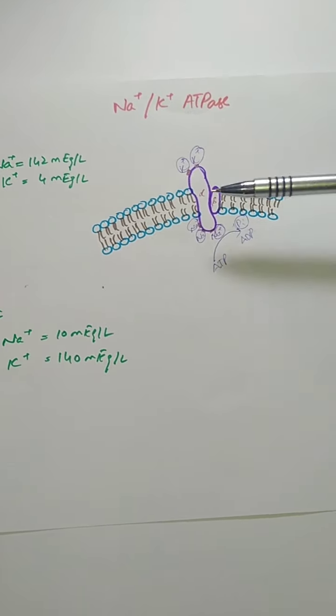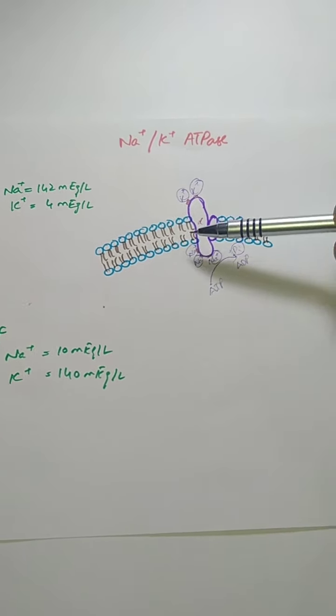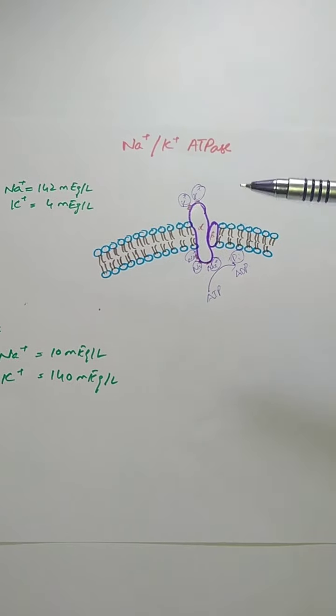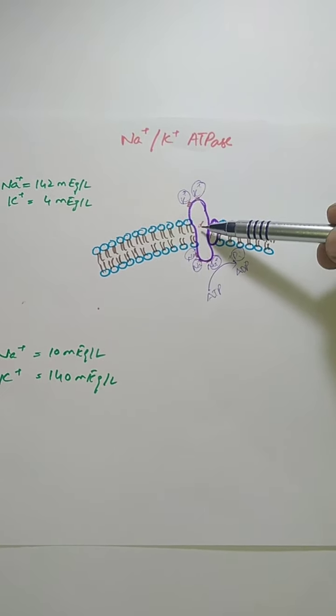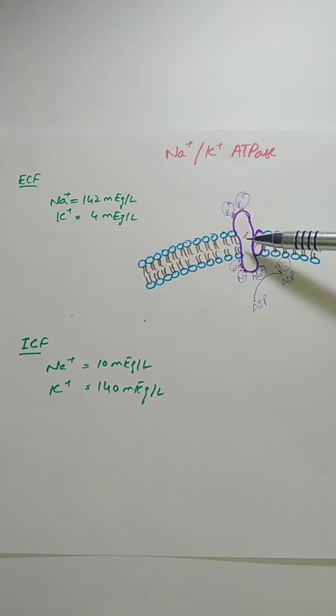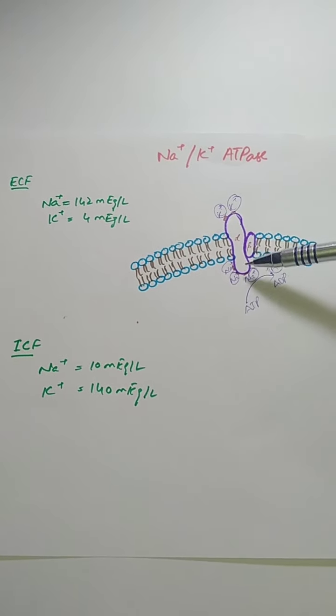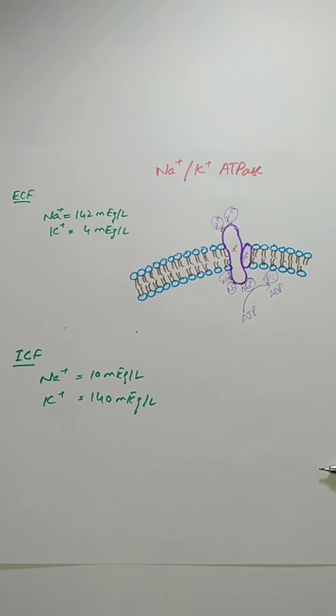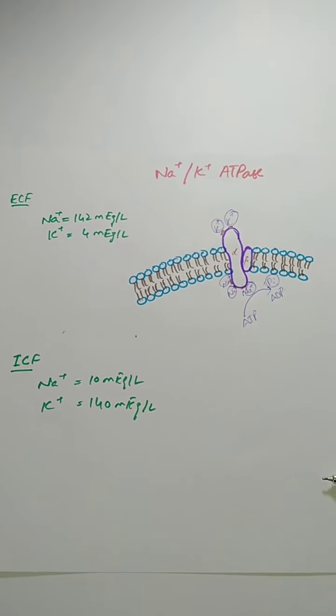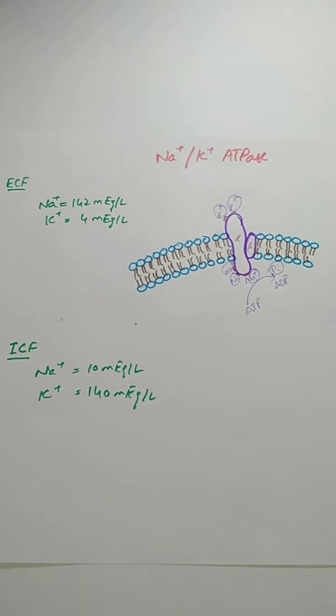Some of its amino acids change their conformation, due to which the whole alpha subunit changes its conformation, pulling those potassium ions inward and pushing those three sodium ions outward from the cell.